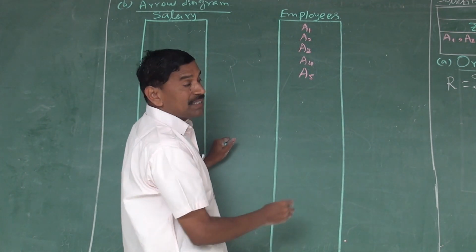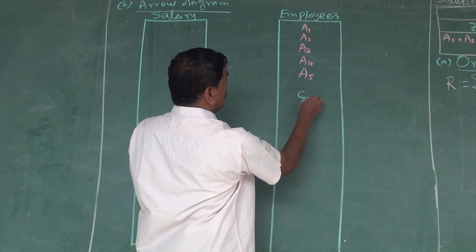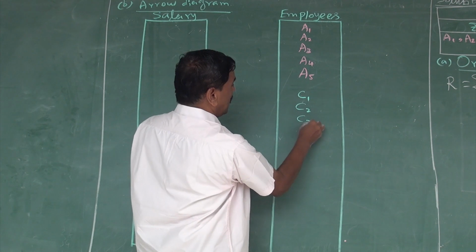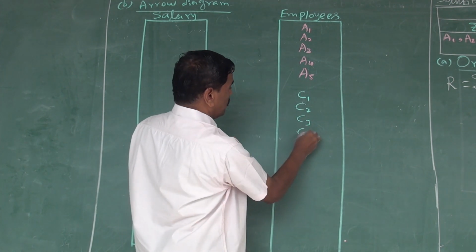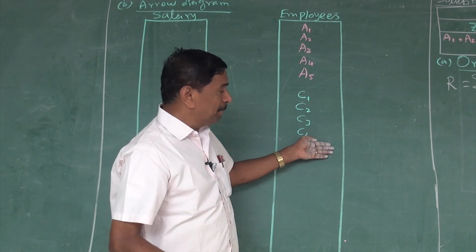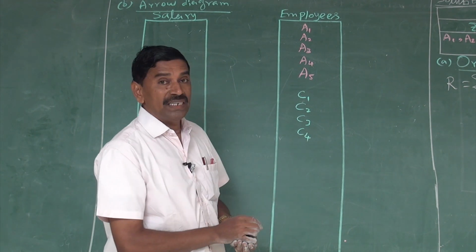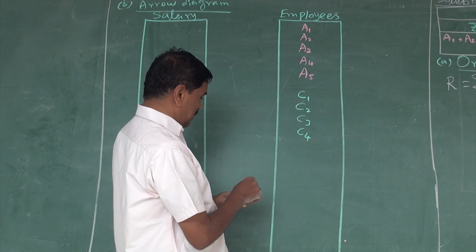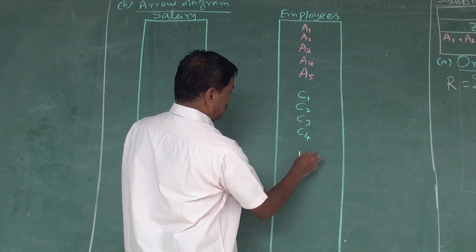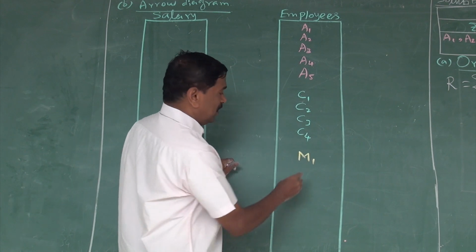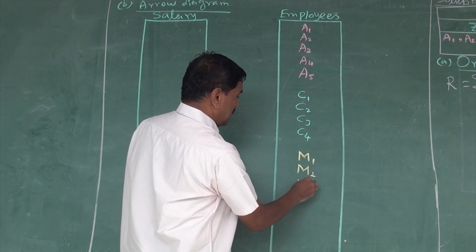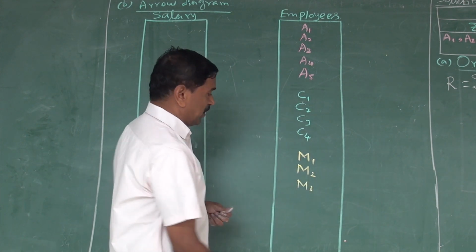Can you tell me the clerks? Yes, good. Clerk 1, clerk 2, clerk 3, clerk 4. Then leave some gap, then start. How many managers? Yes, there are 3 managers, namely manager 1, manager 2, then manager 3, which we completed.